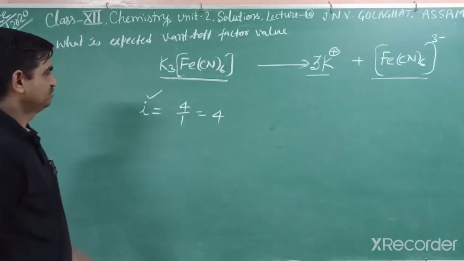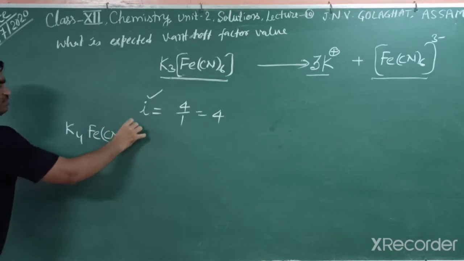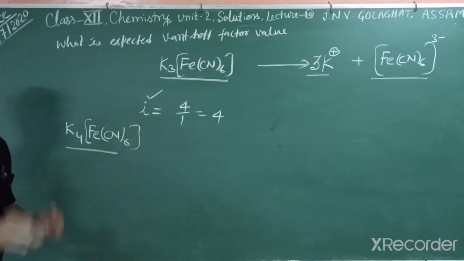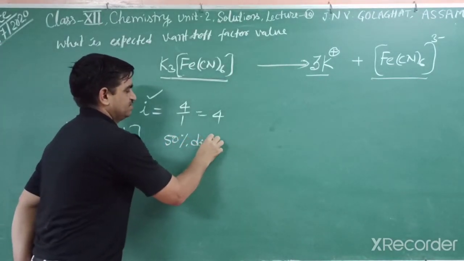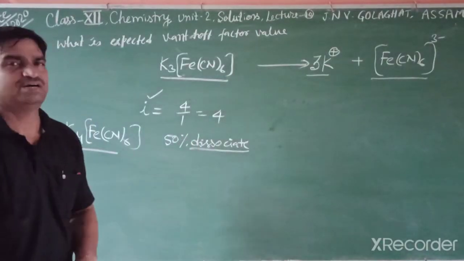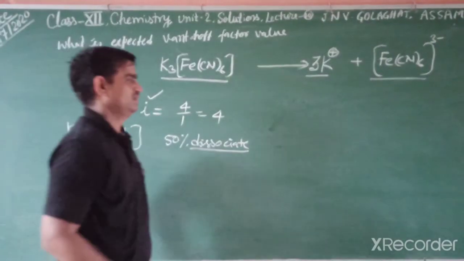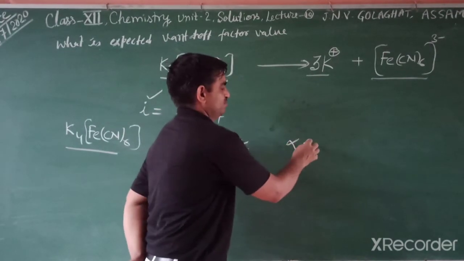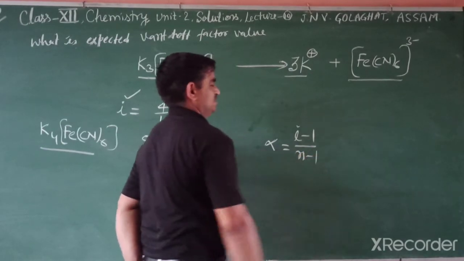Another question comes: what happens if this salt K4[Fe(CN)6] is not 100% dissociated, if it is 50% dissociated? Then find the Van't Hoff factor. How can we identify it? If it is 50% dissociated, then students, there is a formula: degree of dissociation alpha is equal to i minus 1 divided by n minus 1.